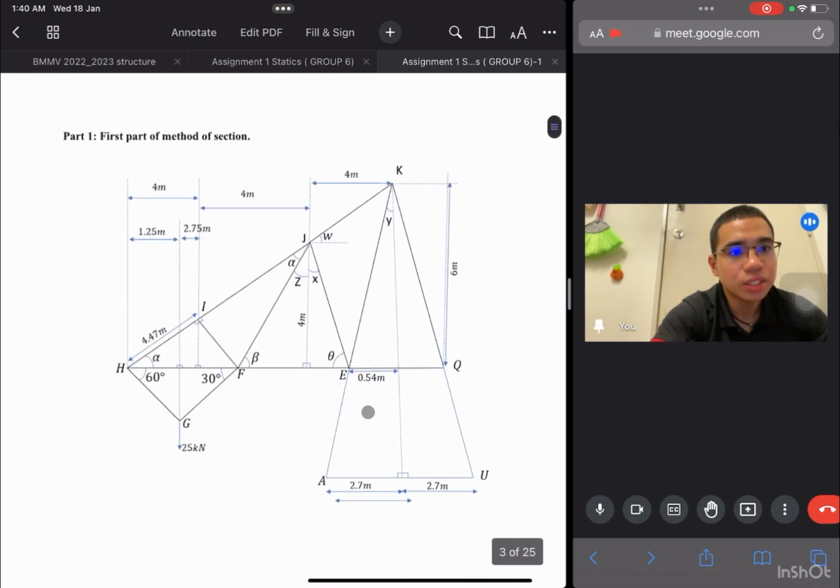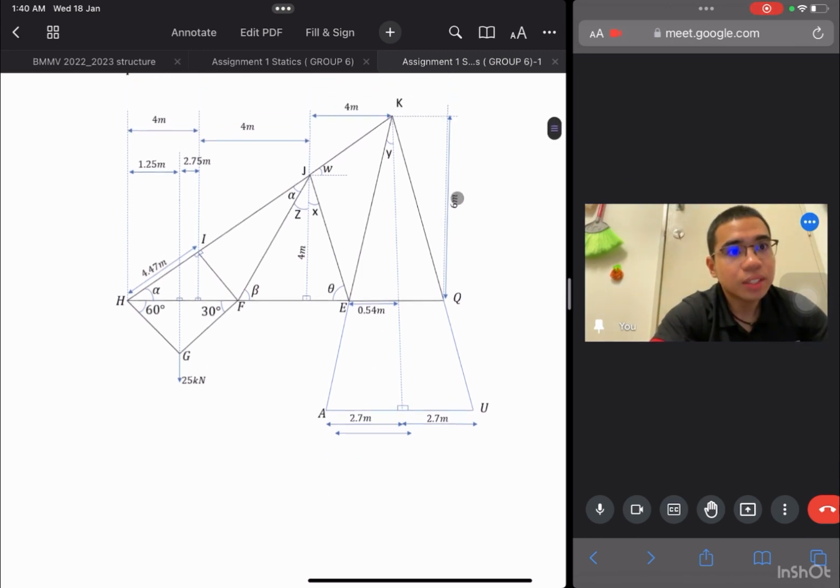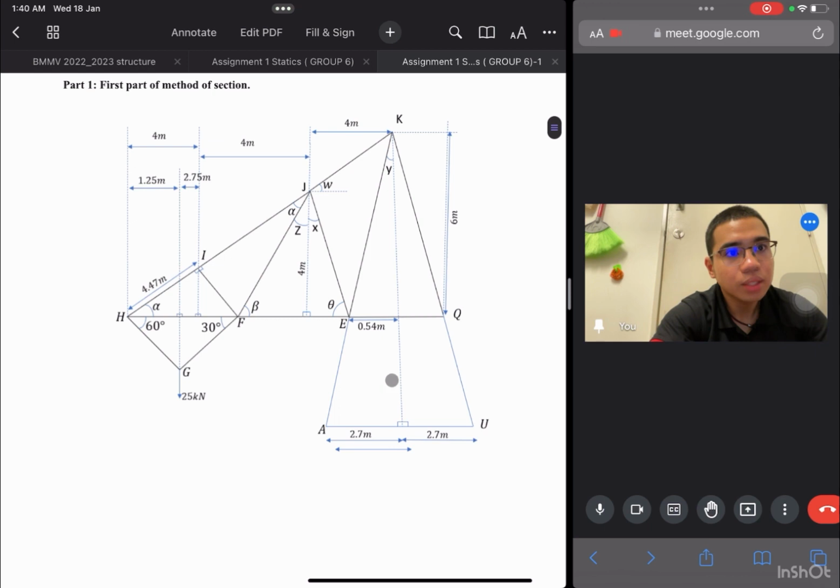This is a shortened diagram for KA. 30 means the length from here to here is 30. This is 5.4 divided by 2, equal to 2.7. So we get the angle of Y.